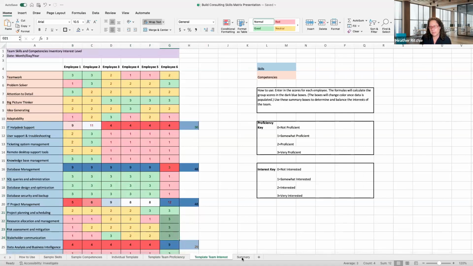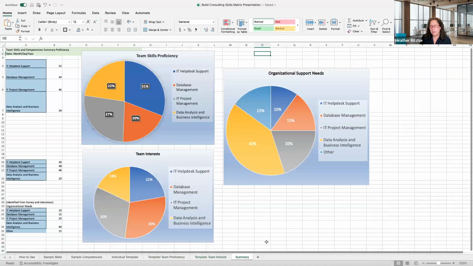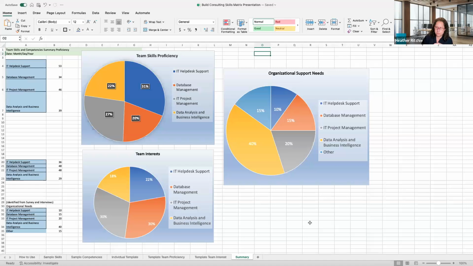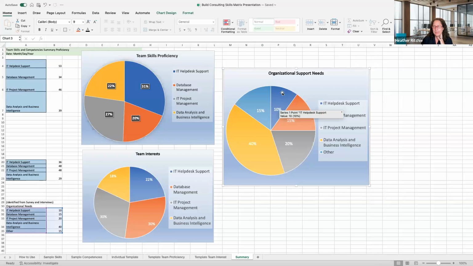We also might want to take these summary levels over here and look at them from an organizational perspective. So if I'm looking at, maybe we did a survey, maybe this is anecdotal, I have some charting I did from interviews, it looks like right now the organization is telling me that help desk support is somewhat needed or prioritized.